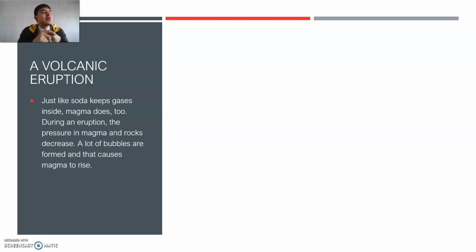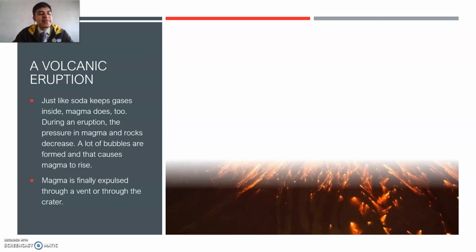The same thing happens with volcanic activity. So there are these gases contained inside magma that start pumping out. If the magma activity in the volcano is way too high, then an eruption is caused. And magma is finally expelled through a vent or through the crater.